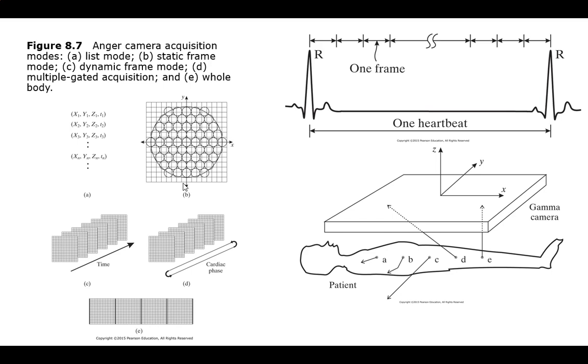So let's talk about these. There are several different modes. I included this partially because of my interest in PCT, because we also have similar types of modes. The most common one that we deal with in PCT is called list mode. Every time an event comes in, a proton in our case, or here a photon, you just get a list of all the events, timestamped.